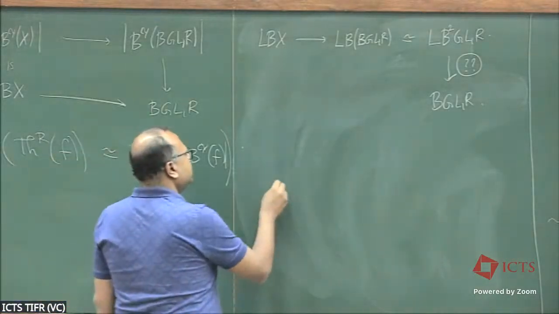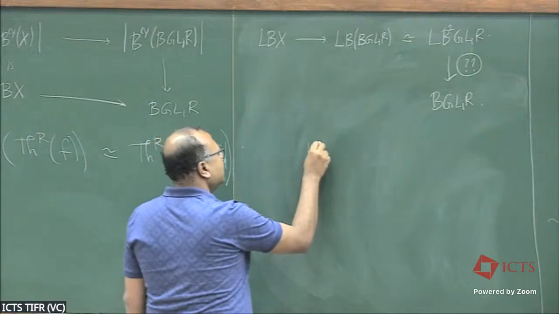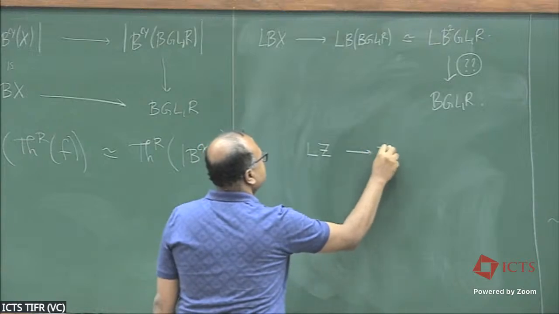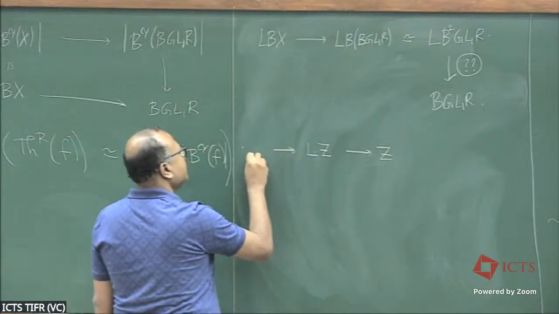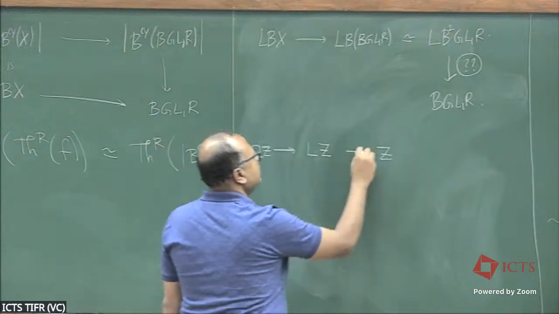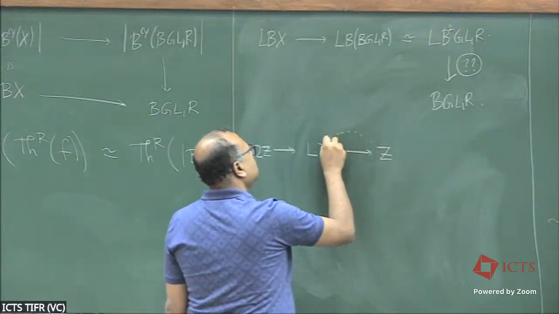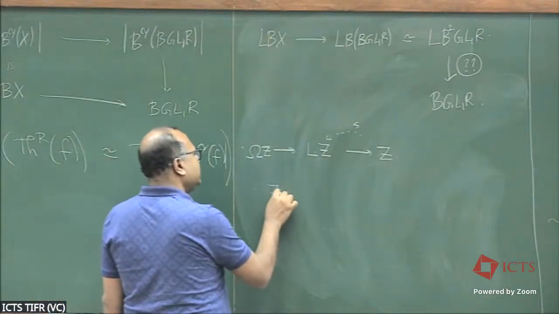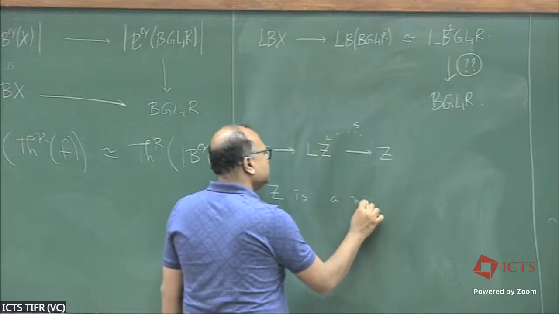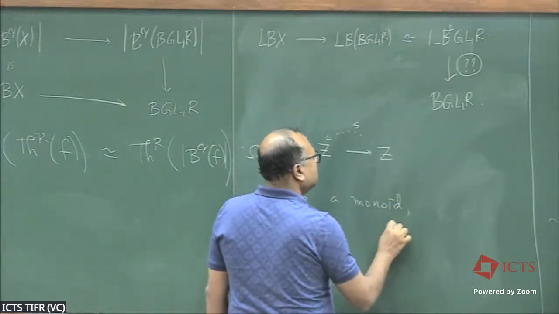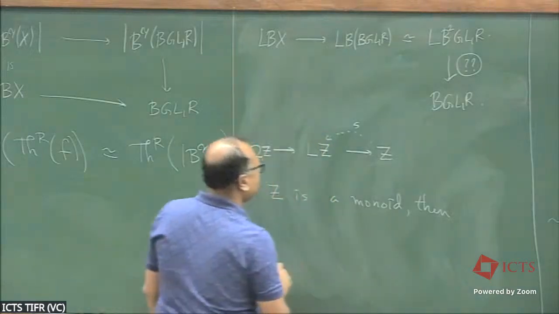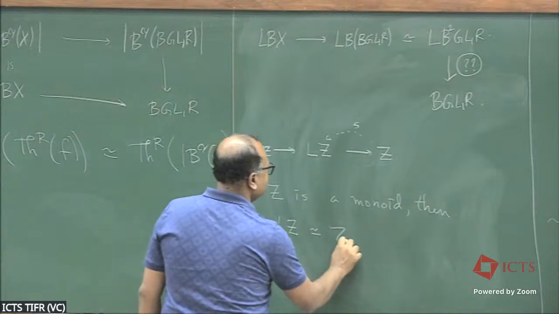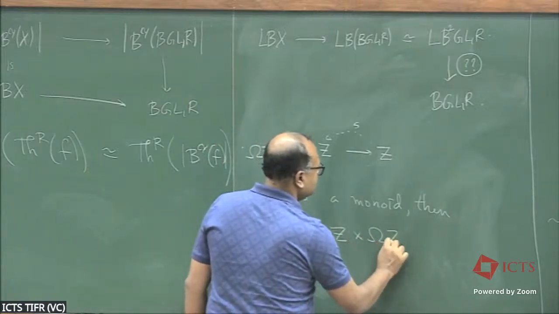So remember, for the free loop space, if you take LZ, we had this fibration sequence, and then we had a section S. But now if Z is a monoid, then we actually have an equivalence. LZ is Z cross omega Z.